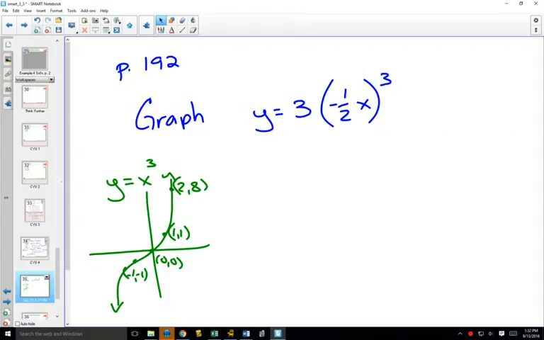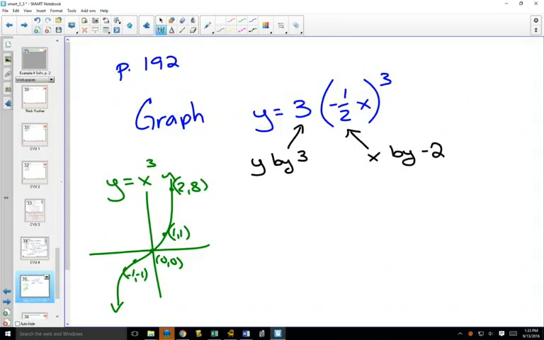So first of all, we'd run into this 3. What's that going to do? It's going to multiply our y by 3. Then we run into the negative 1/2. And that's going to multiply our x by the reciprocal, negative 2.